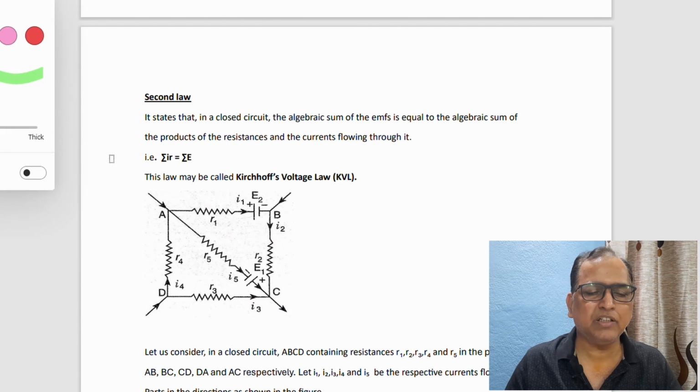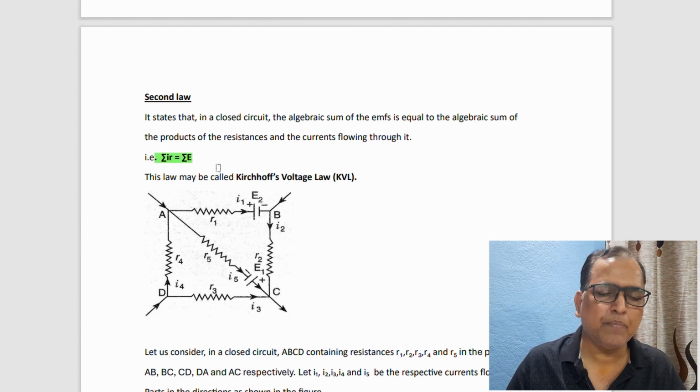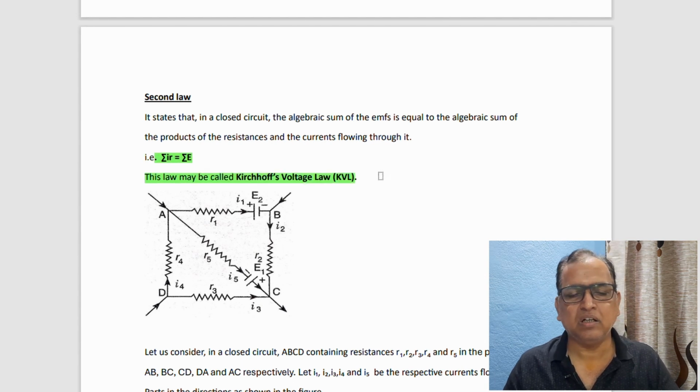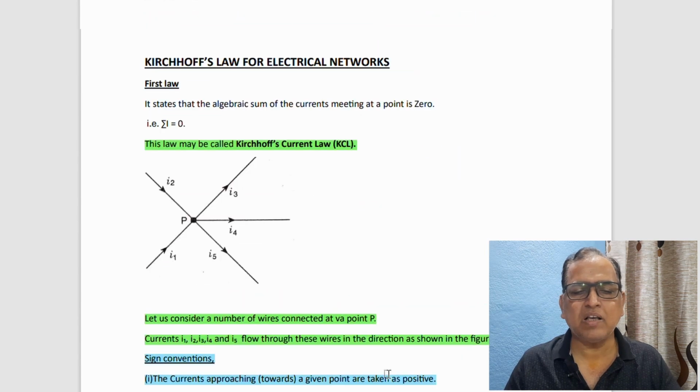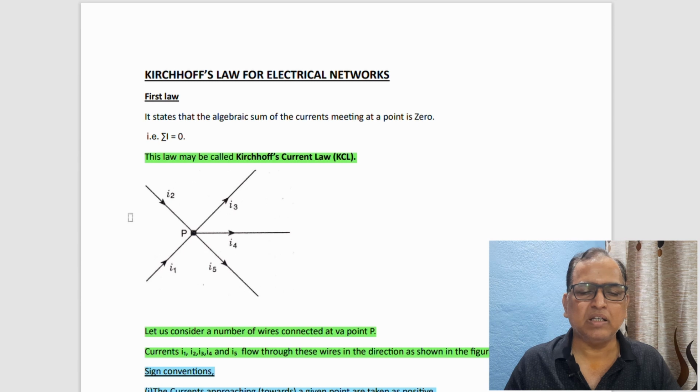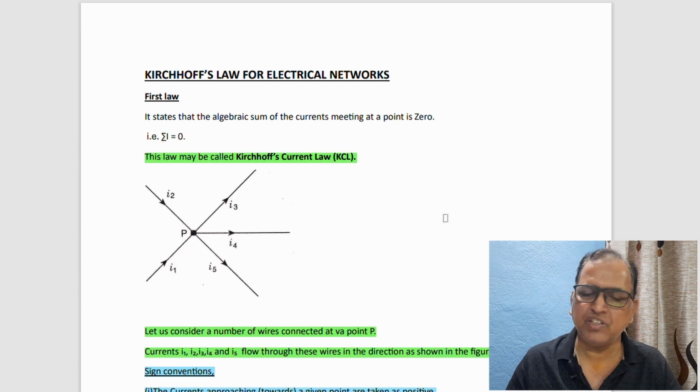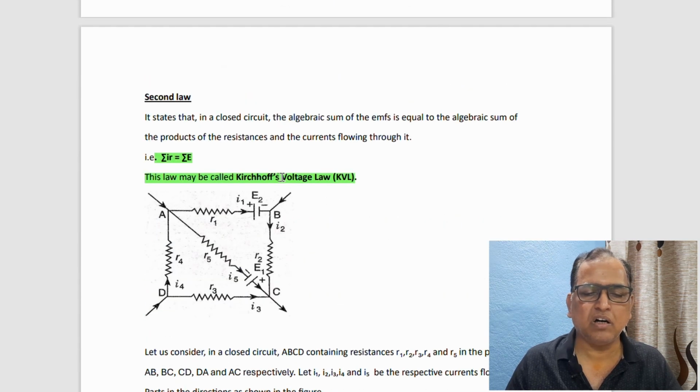This implies that summation IR is equal to summation E. This law is also called Kirchhoff's voltage law or KVL. The first law is KCL and the second law is KVL; there are 2 laws.